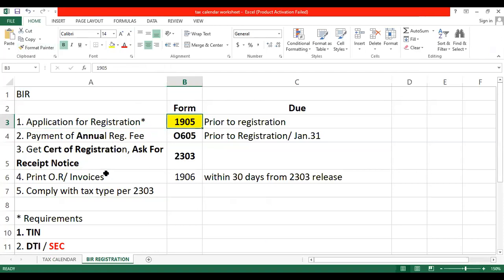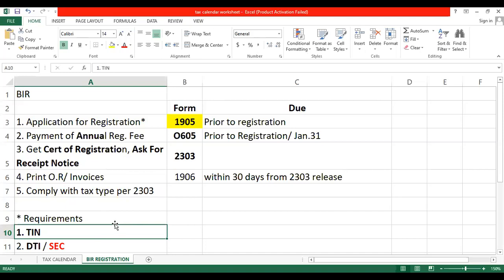So they will gather the information pertinent to a taxpayer. For example, they will get your name, registered address, birth date, spouse, nature of your business, whatever. Along with the application form, they would require you to have a tax identification number or TIN.